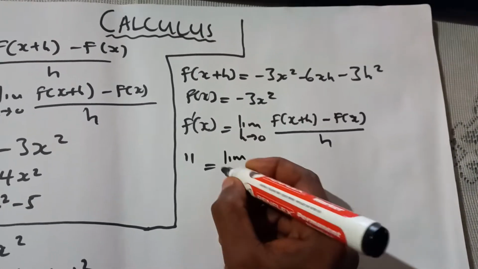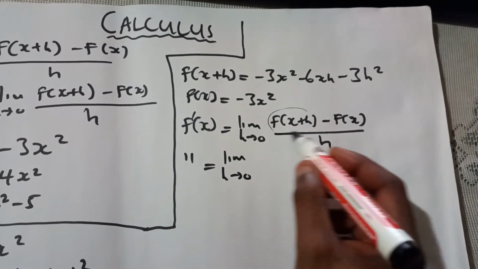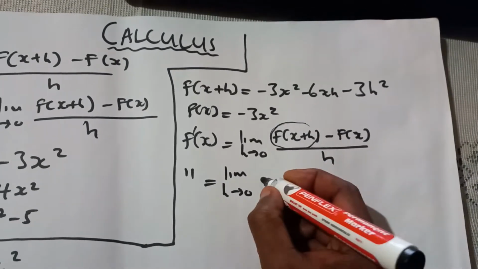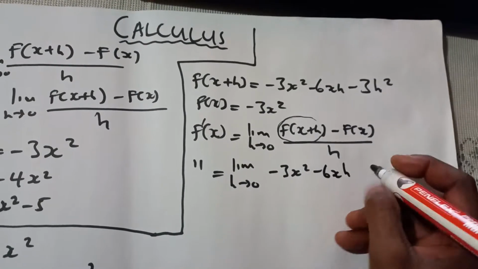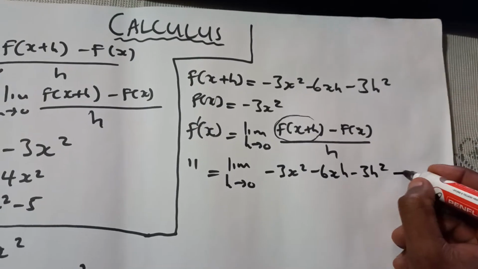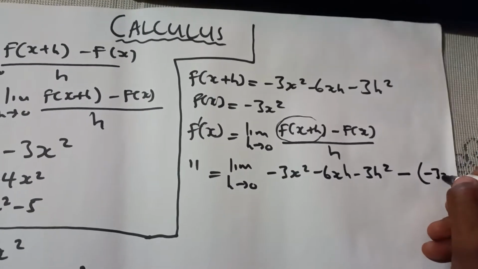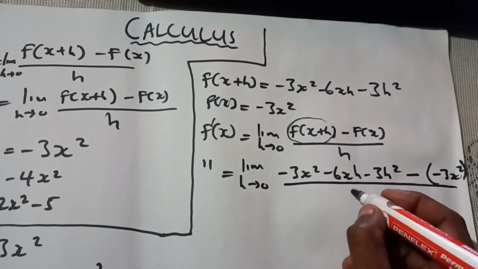So this is going to be the limit as h approaches 0. Now we plug in our f of x plus h. That was negative 3x squared minus 6xh minus 3h squared, minus our f of x, that's negative 3x squared, right, all over h.